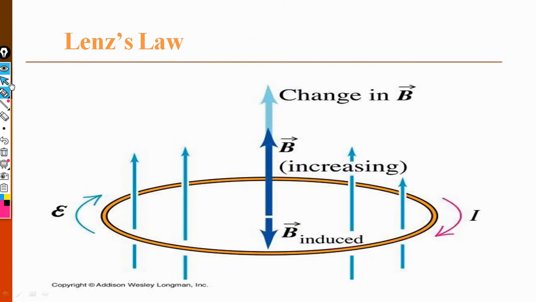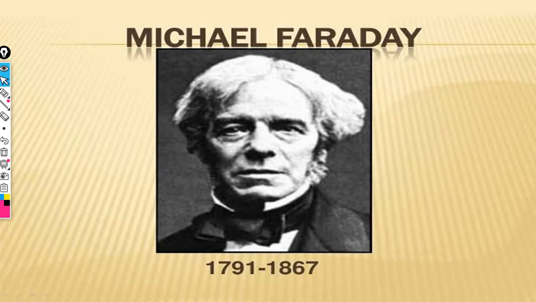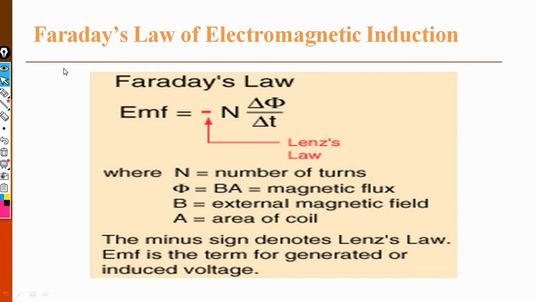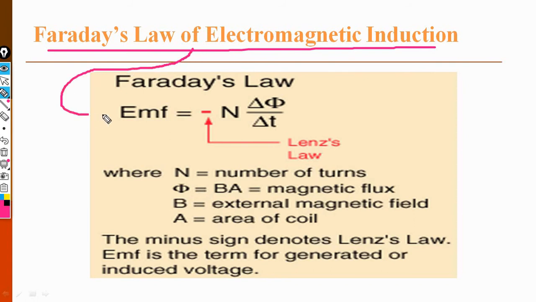Then also we have to explain Faraday's law of electromagnetic induction. This concept was developed by Michael Faraday. The first point is Faraday's law of electromagnetic induction, which depends on EMF, that is electromotive force.